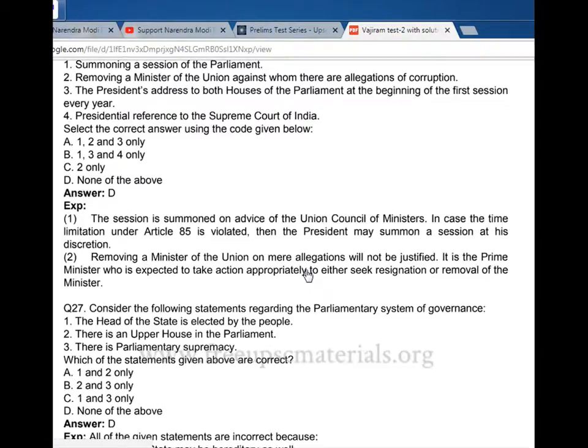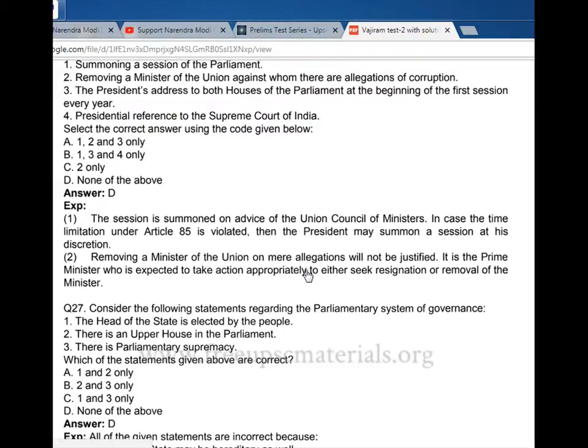In case the time limitation under Article 85 is violated, then the President may summon a session at his discretion.